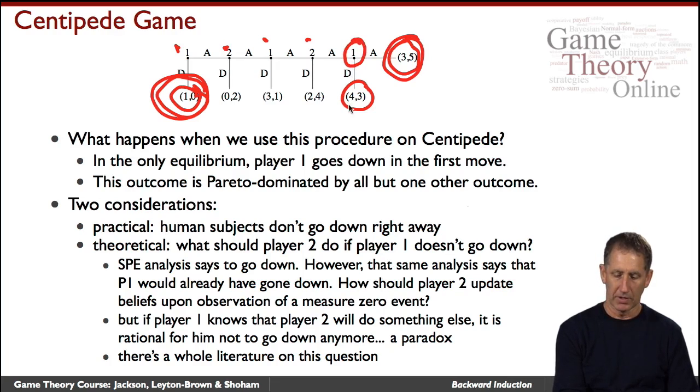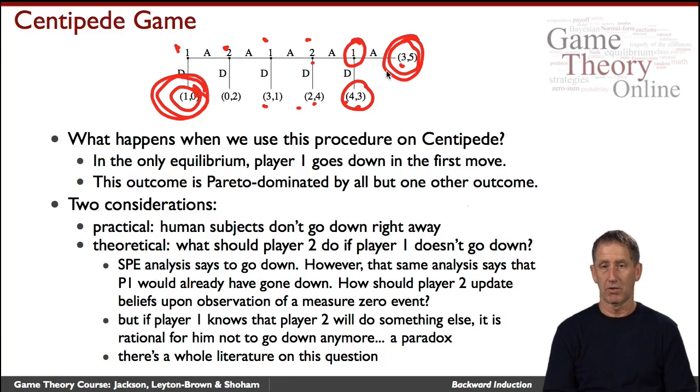Well, they would go down getting a 4 rather than a 3. But player 2 knows this. So knowing that player 1 would go down, he'd rather go down because he'd get a 4 rather than a 3. Similarly here, player 1, knowing that player 2 would go down, elects to go down here because they would get 3 rather than 2, and so on. And this is really the backward induction argument.